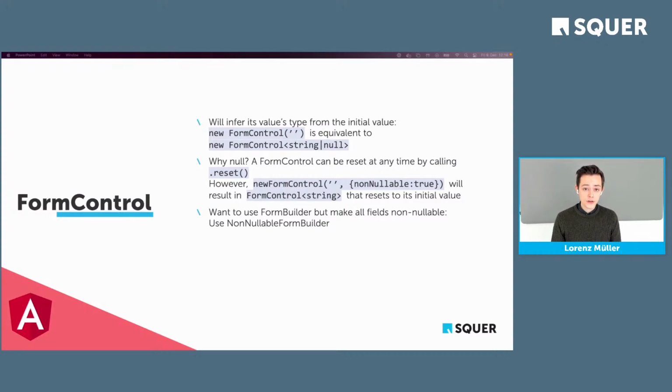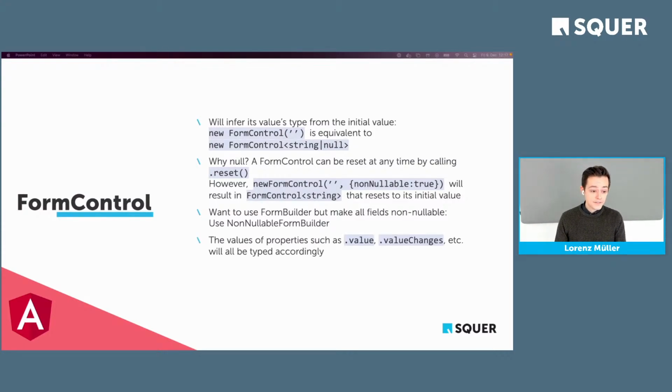That will result in all form controls being non-nullable out of the box. The properties of the FormControl, .value and .valueChanges, will now all be typed accordingly. And if we use methods such as .patchValue, it will only accept values that satisfy the typing of the FormControl.